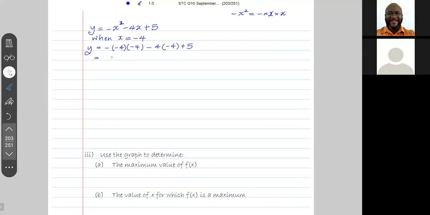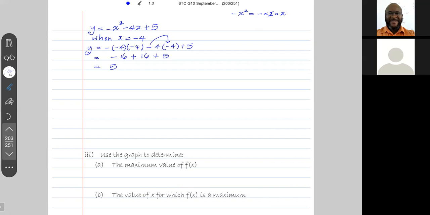So this is minus 16 here. A negative times a negative here is a positive. 4 times 4 is 16. And then plus 5. Minus 16 plus 5 is minus 11. So when x is equal to minus 4, y is equal to 5.